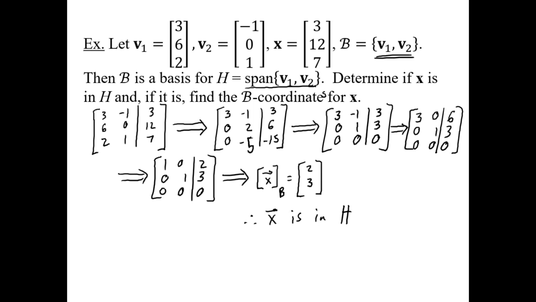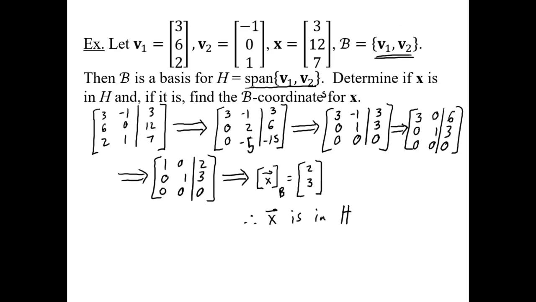All right. Let me point out just really briefly that in the previous example, H represented a plane in R3, right? In other words, a plane because it's basically just these two vectors in R3. So the two vectors define a plane.